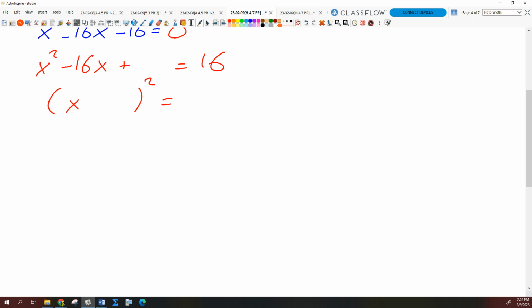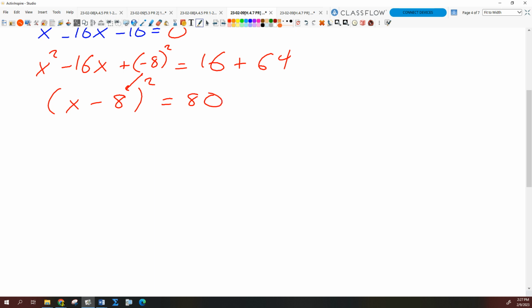Well, what is half of b? Negative 8, right? Half of b is negative 8. When we square that, what are we actually adding? 64. Okay, but what's that going to factor into? X minus 8. And over here, we just get 80, right?